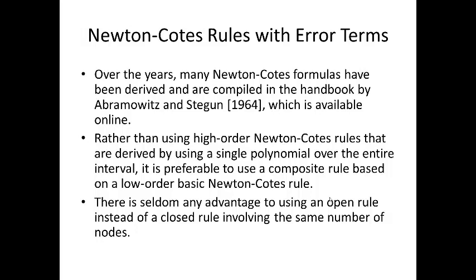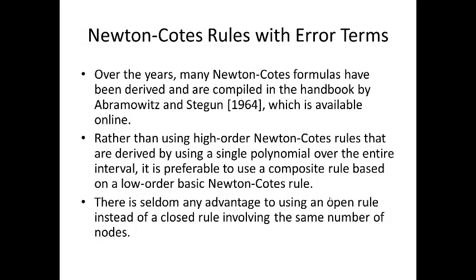There is also seldom any advantage to using an open rule instead of a closed rule involving the same number of nodes. Nonetheless, open rules do have applications in integrating a function with singularities at the endpoints. So those ones where you have an undefined value at an endpoint or the endpoint goes off to infinity, that's where the open rules are good because they don't evaluate that endpoint.